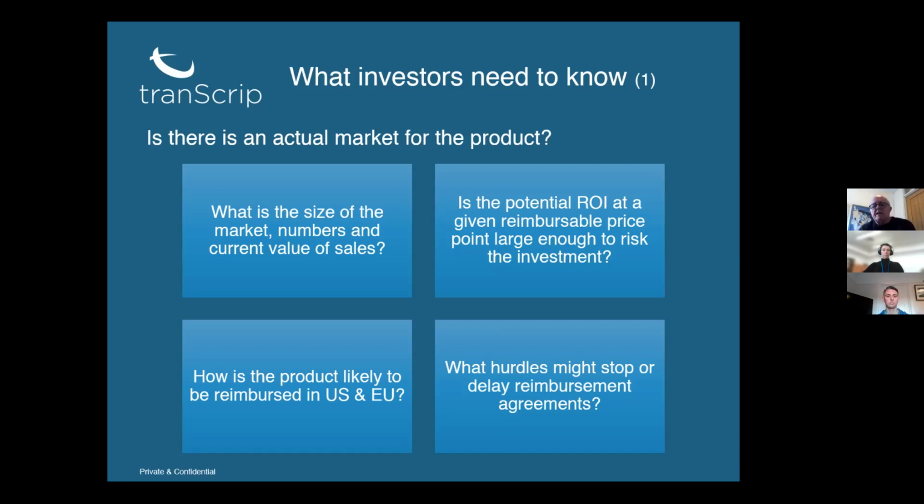And then there may be other hurdles, and I think the most egregious one of recent times is the argument that Vertex had with NICE in the UK, which took 3.5 years to resolve for a drug which was an absolute unmet need, in the sense that it was for a rare, severe form of cystic fibrosis.